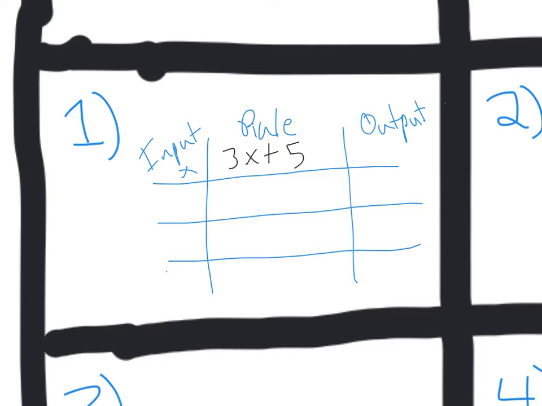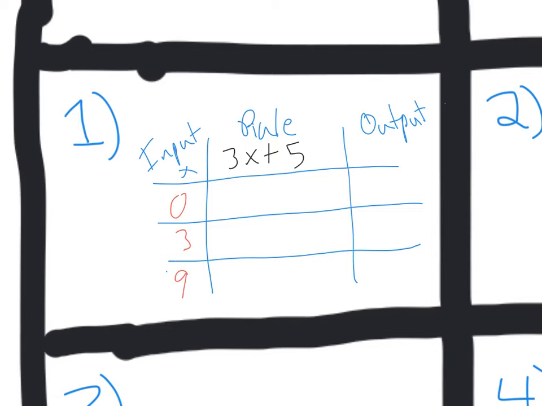So a lot of this is going to be like, if you guys remember, evaluating expressions, where you take a number and then you plug it in and see what you get out. This is very similar to what we did in the chapter before, where we were evaluating expressions. For number one, they give you some inputs. So let's see, 0, 3, and 9.